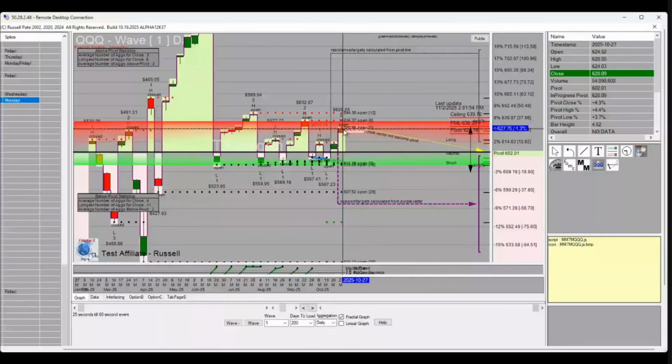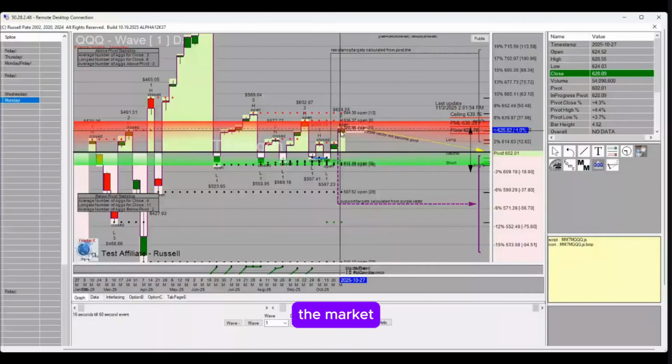That's been the trend of the market, and something could of course change that trajectory. If we get some information in, it might change it, but statistically it should close below 628.09.